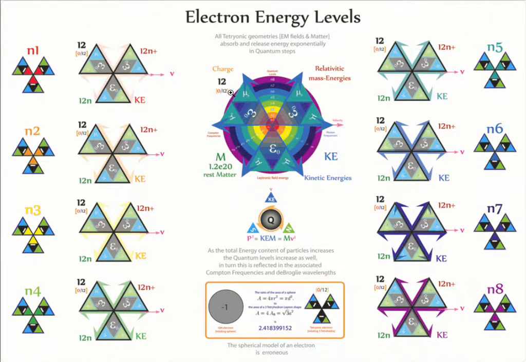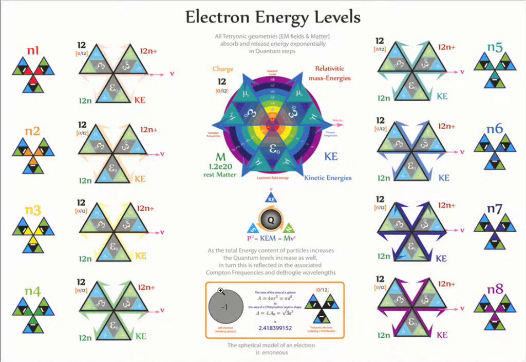So as we go from N1 to N8 energy levels of the electron, whether it's bound or not bound, makes no difference. The energy is stored within the chem fields of the particle that's being accelerated. And it's the invariant mass energies of the matter plus the variant mass energies of the chem fields that give us the relativistic mass energies, or the total mass energy of the particle in motion.